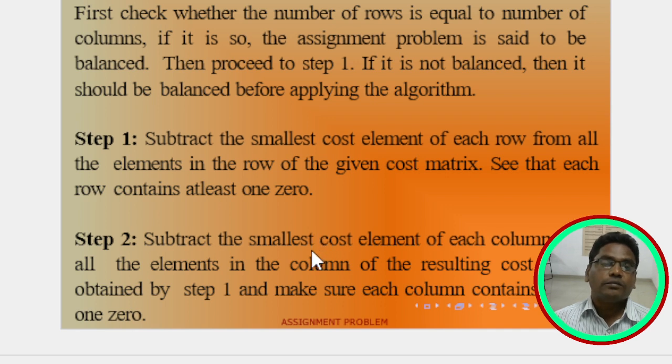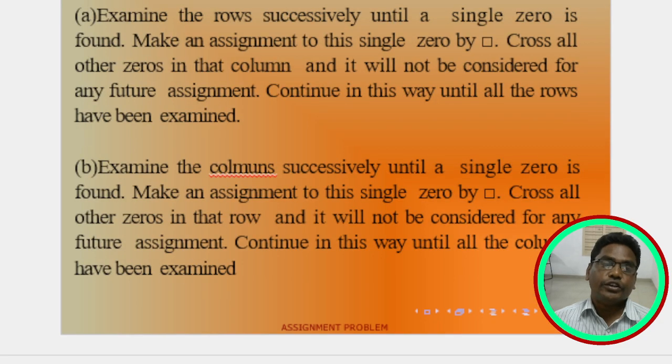Similarly, for columns, subtract the smallest cost element of each column from all the elements in that column of the resulting cost matrix obtained by step 1, and make sure each column contains at least one zero.